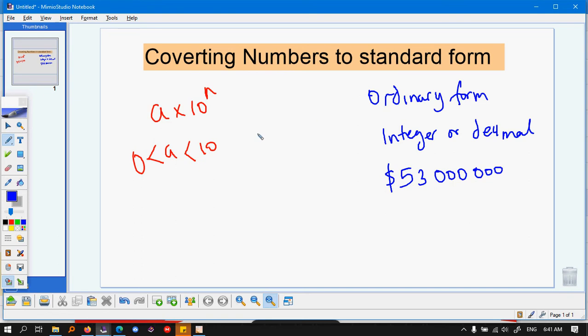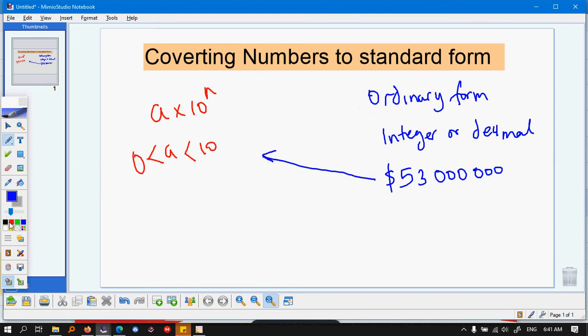This is the ordinary form, or the integer or decimal form, of a number, and we convert it to what we call the standard form so that it's easier to read and easier to work with.